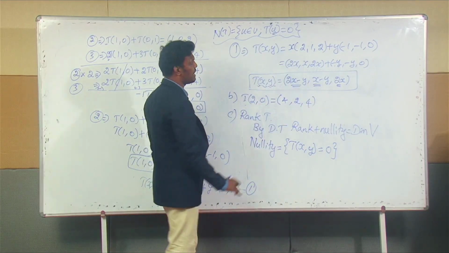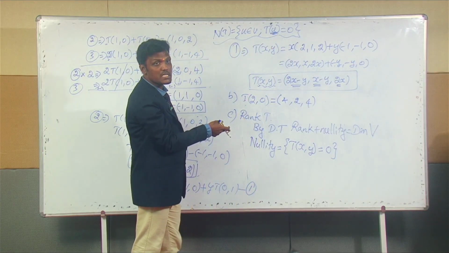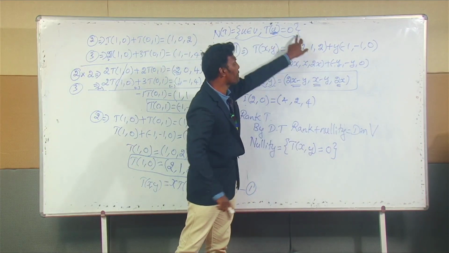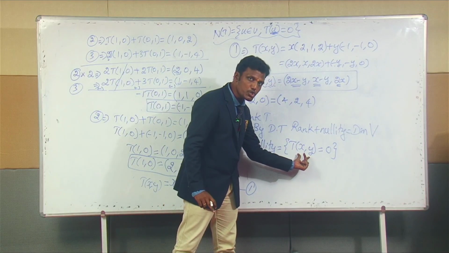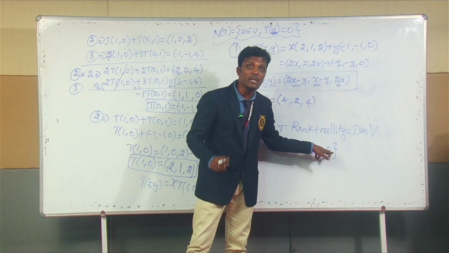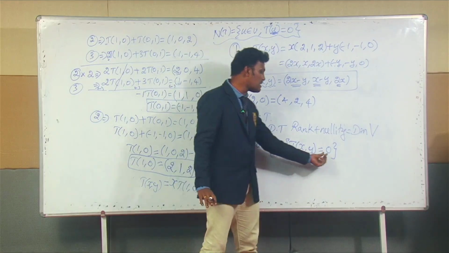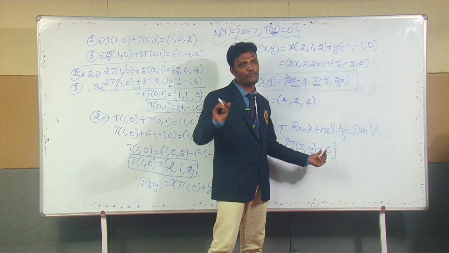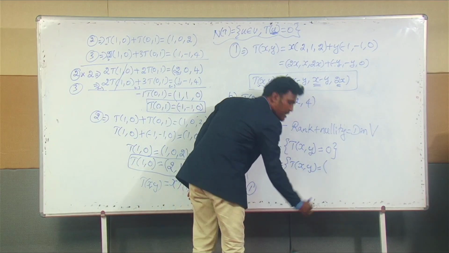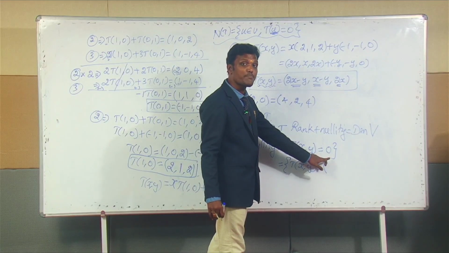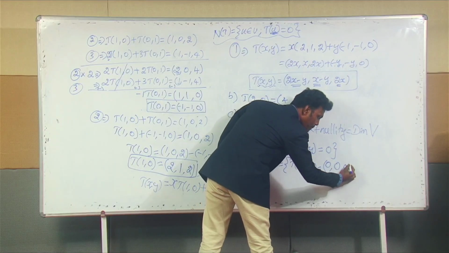Why am I writing it like this? This u is nothing but the domain portion, and here the domain is R square, so (x, y) is mapped to the value 0. This value belongs to the domain part, but the result should be in the codomain, which is R cube. So you can express the 0 in R cube, in triplet form, as (0, 0, 0).